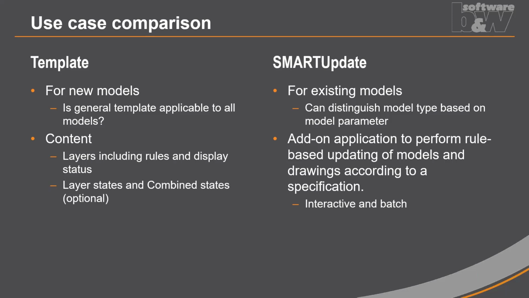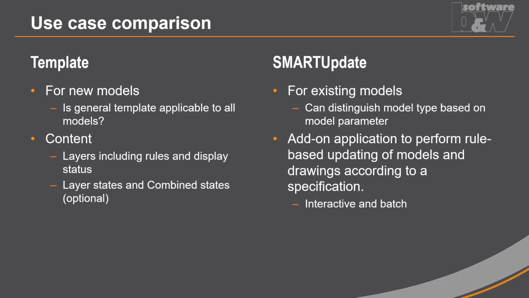If you compare the two approaches, on the one hand, you have a template file that's, as I said, for new models. Is it applicable to all models? Or do you possibly need more than one template? I don't know. And well, the content of the template, at least in respect to layers, would be including the layer rules and the display status.